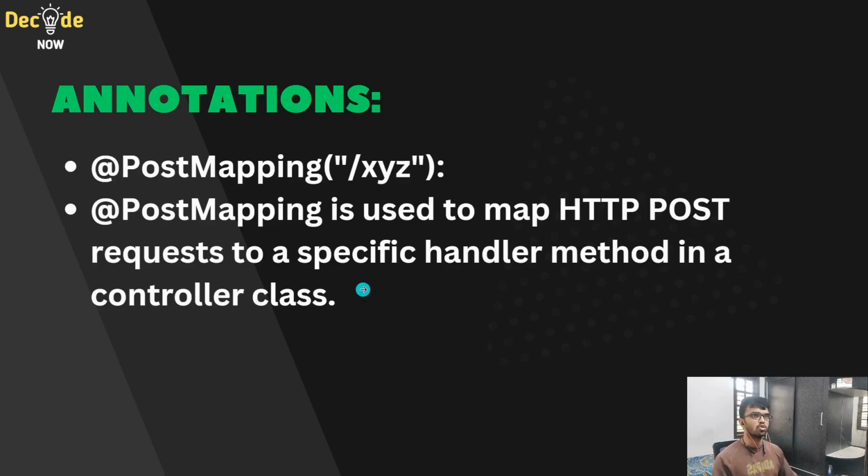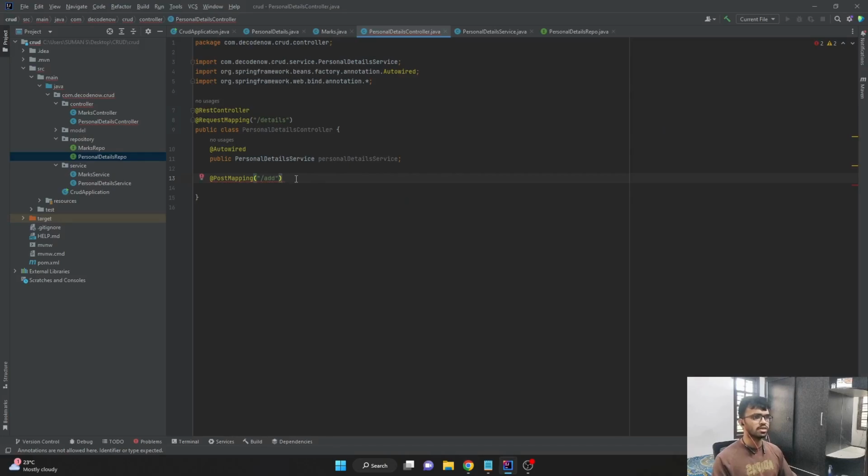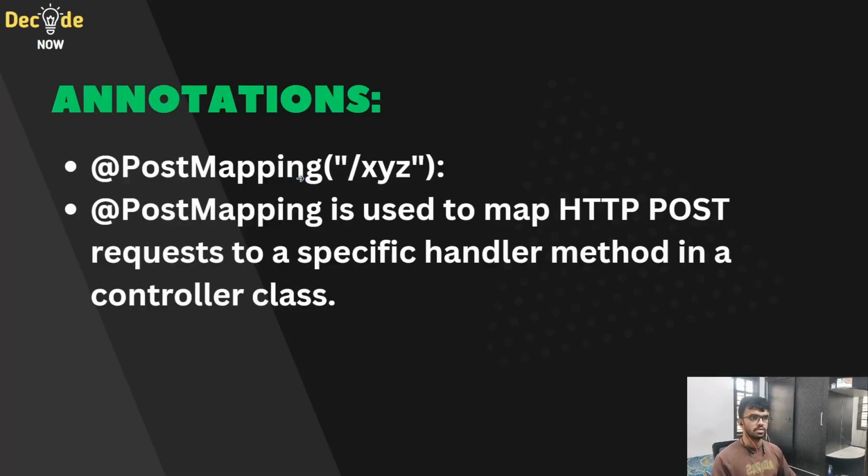So if we want to add something or submit some data, we will be using a post HTTP method. Whenever it is a post HTTP method, we will be using this annotation, @PostMapping. So whenever a user wants to add some data, they will say /details/add and then send the request. So this is all about post mapping.